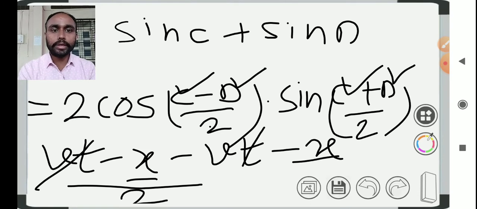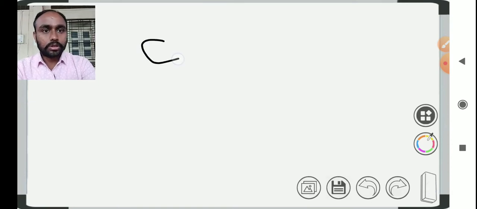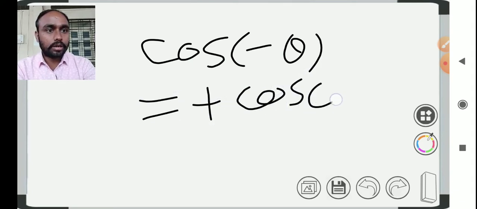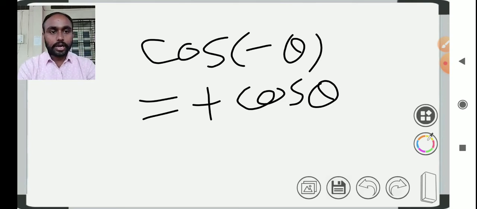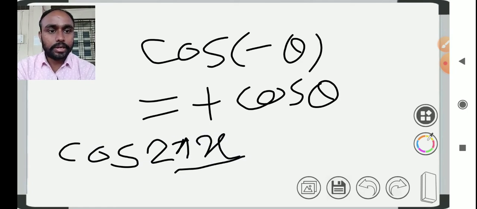So we get cos of (−2πx/λ). But we know cos is an even function, because cos(−θ) is always equal to cos θ. Cos is called an even function, and therefore from c − d we get the term cos(2πx/λ).